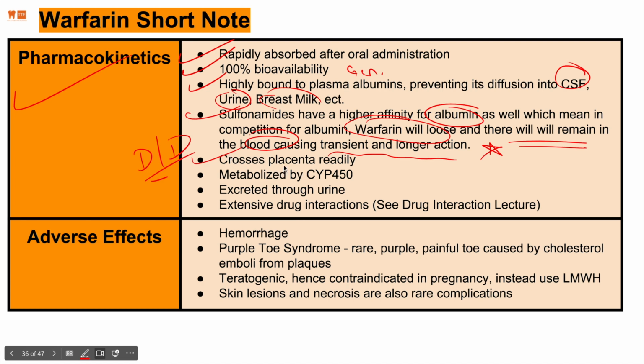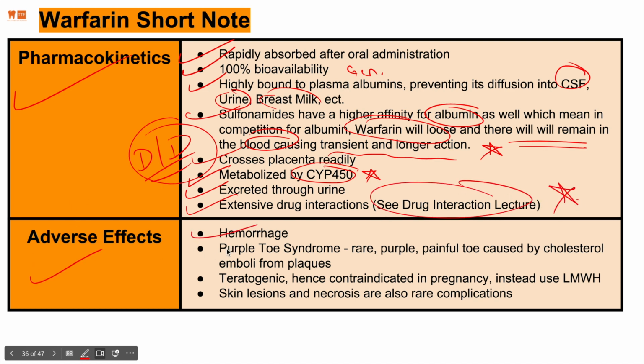It does cross the placenta readily, therefore it's dangerous in pregnant women. It is metabolized by CYP450, which is another topic in general dental pharmacology as well as drug-drug interactions. Please do check it out. It is excreted through urine and extensive drug interactions take place. Extensive.